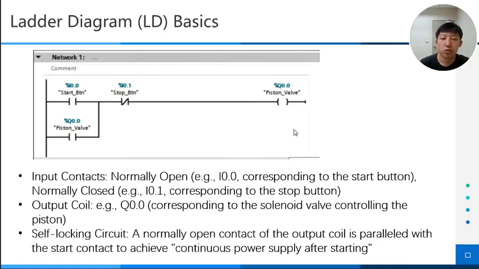Self-locking circuits put a normally open contact of the output coil next to the start contact, and it can keep power on after pressing start.